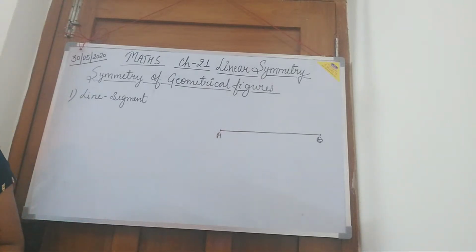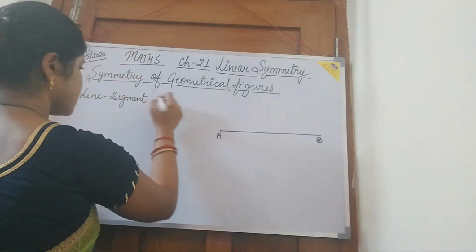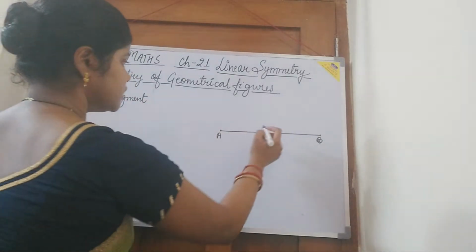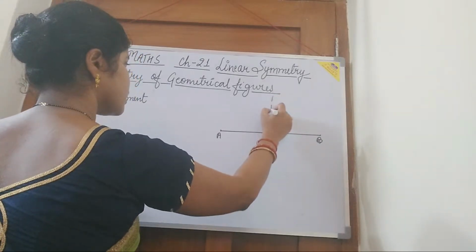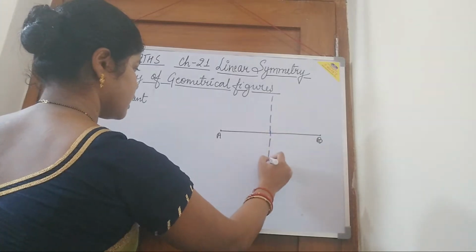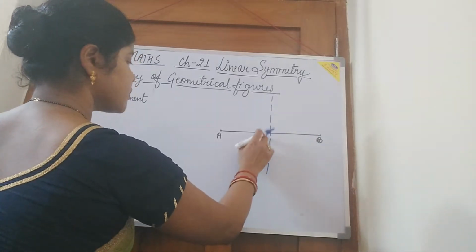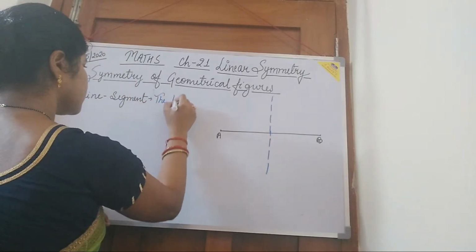The line of symmetry of a line segment is the perpendicular bisector, which bisects it into two equal parts, and this line of symmetry passes through its midpoint.